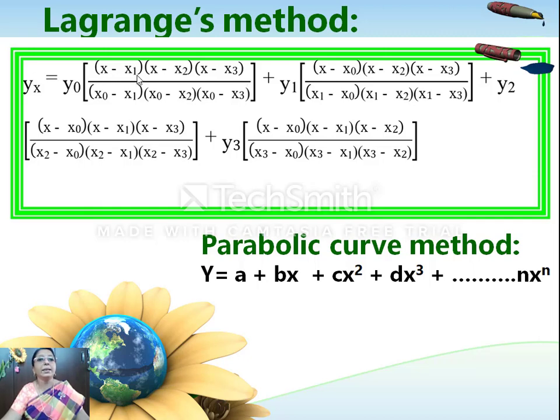It is x minus x1, x minus x2, x minus x3, and in the denominator, we start with x0 minus x1, x0 minus x2, x0 minus x3, plus y1. Here we will not have x1 in the numerator. So x minus x0, x minus x2, x minus x3, and in the denominator we start with x1 minus x0, x1 minus x2, x1 minus x3 and so on.